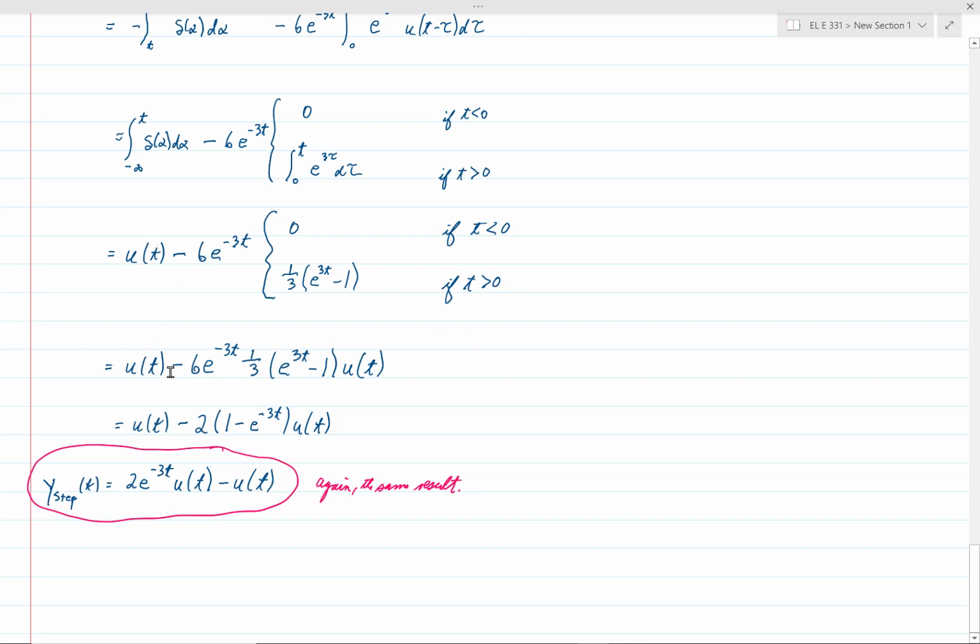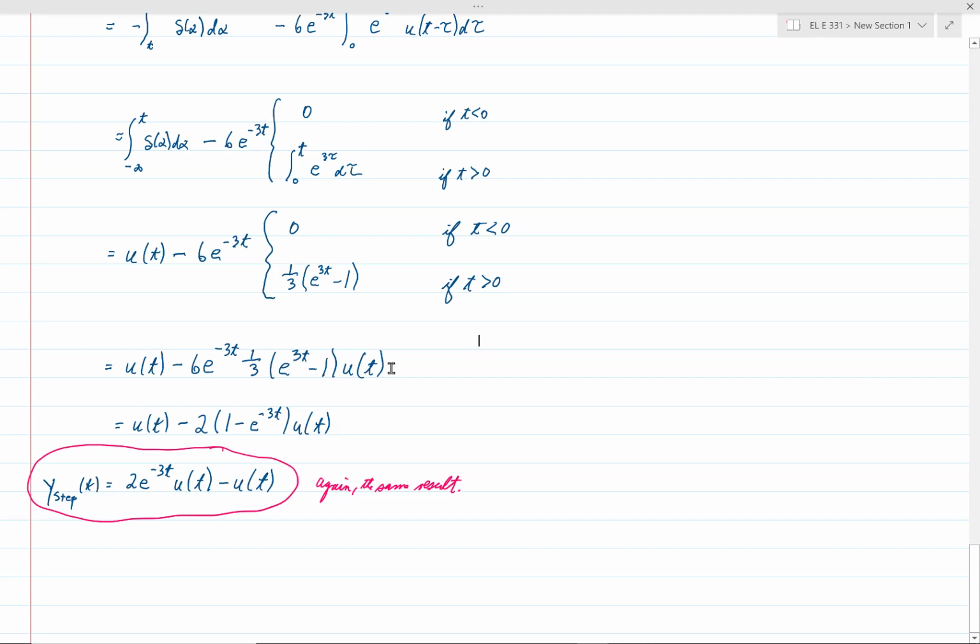Now we bring down the u of t and the minus 6e to the minus 3t. This bracketed expression can be written as 1/3 (e to the 3t minus 1) times u of t, which takes care of the fact that it equals 1/3 (e to the 3t minus 1) when t is greater than 0, and equals 0 when t is less than 0.